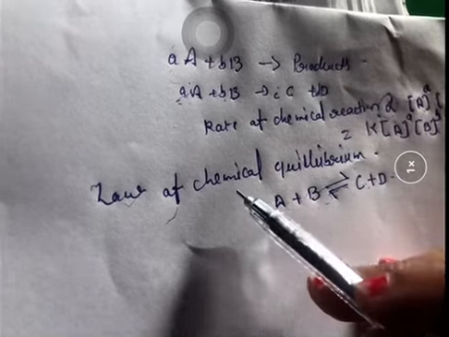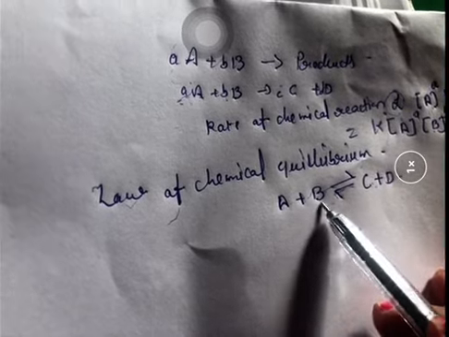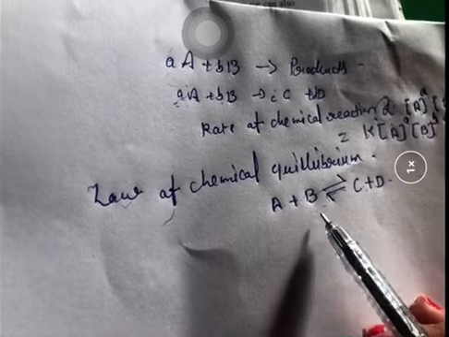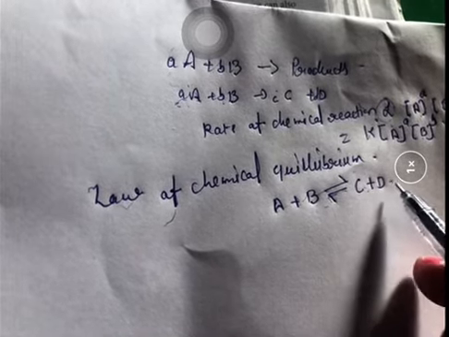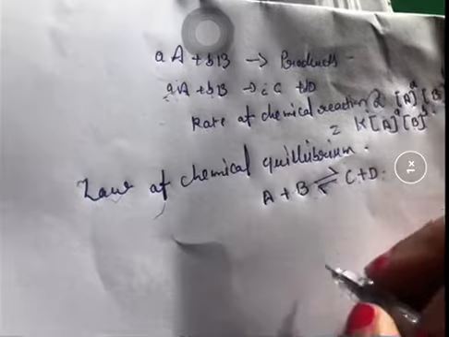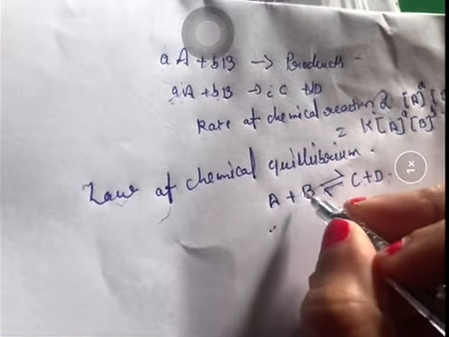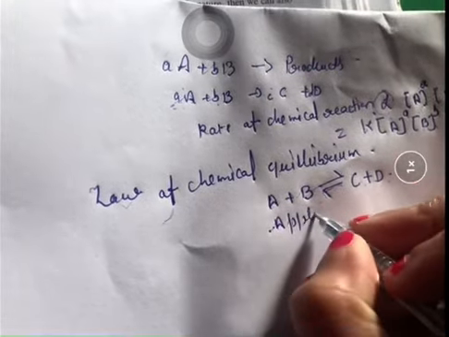In the law of chemical equilibrium, the law of mass action is applied on both sides, for the forward reaction and for the backward reaction. So applying the law of mass action on both sides, we can write it like that, first for the forward reaction.